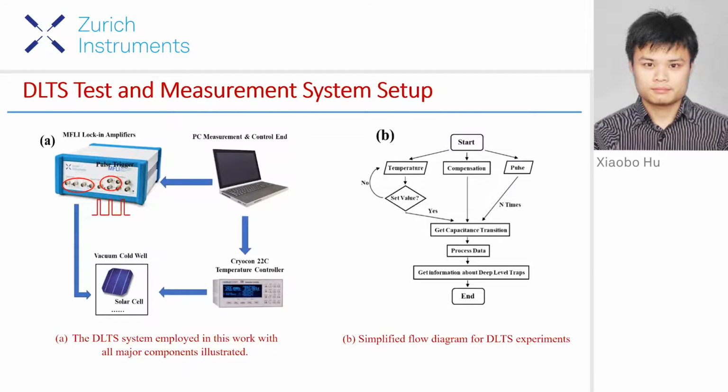Here, we further ensure the accuracy of the data through applying multiple pulse triggers. Finally, after obtaining the transient capacitance data, important deep-level defect parameters such as the activation energy, the capture cross-section, and the defect density are obtained by selecting a suitable rate window and a series of data processing.